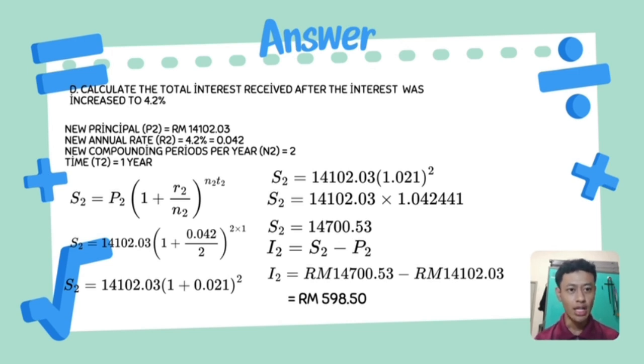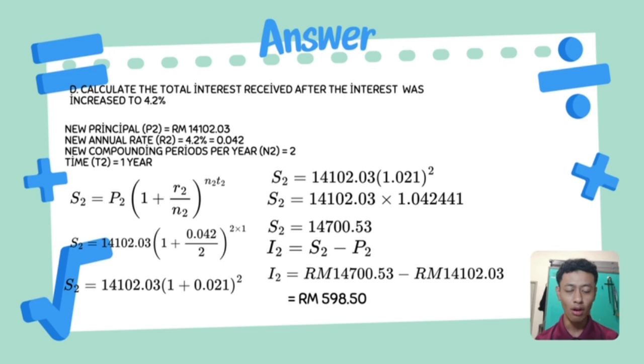First we insert all the new amounts into the formula: the principal 14,102.03, times (1 plus 0.042 divided by 2) powered by 2 multiplied by 1 year. That is 14,102.03(1 + 0.021)^2.